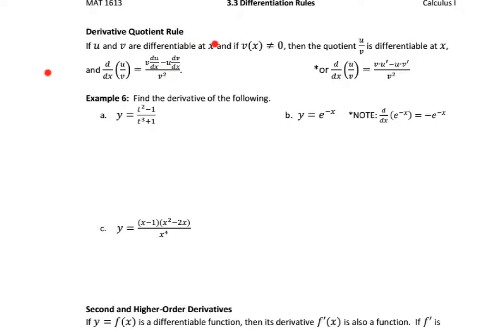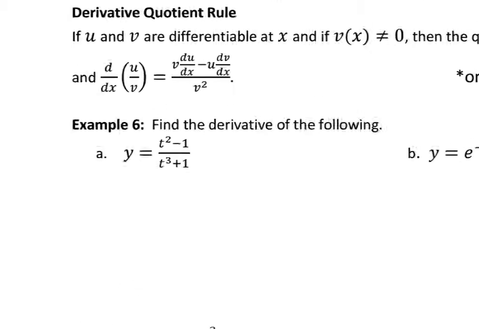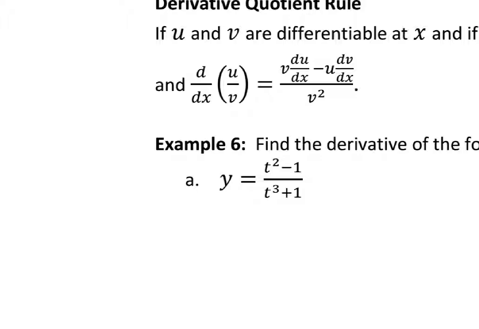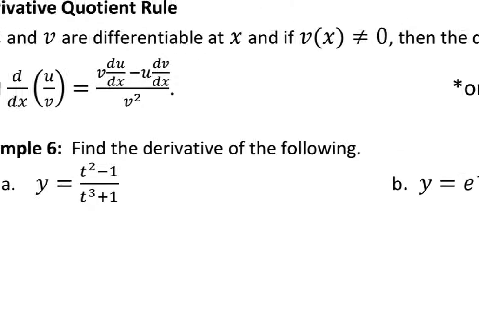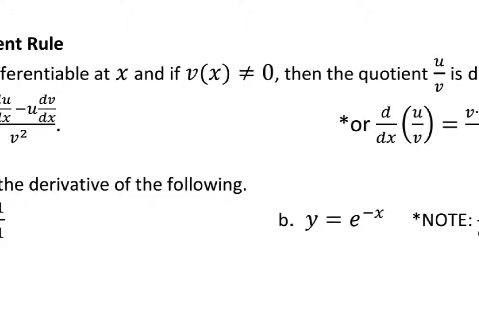Now, quite frankly, the way I like to write it, and the order does matter because of that subtraction sign, the way that I like to write it is if you have an n of x divided by d of x, and you're taking the derivative of it, then what it will be is, and let me just tell you, I'm being strategic with calling this n and d, because n stands for numerator and d stands for denominator, right?